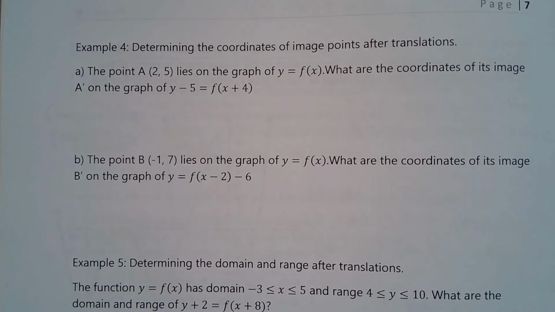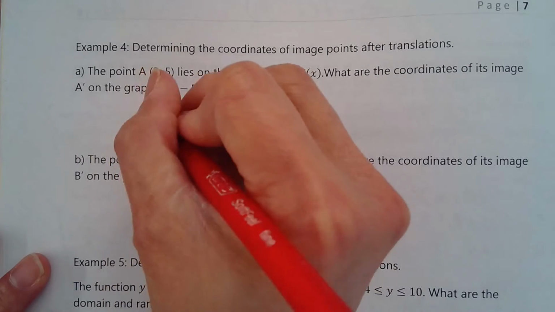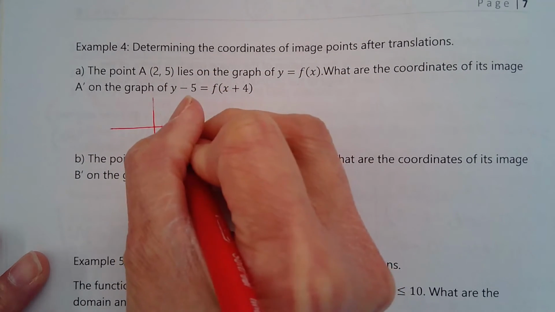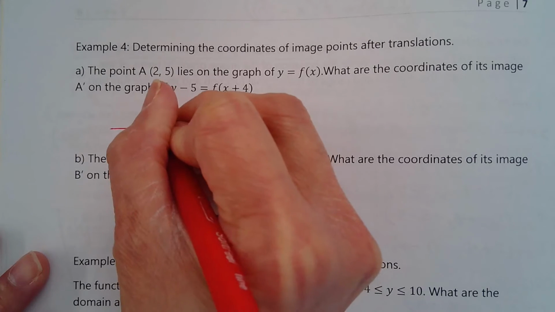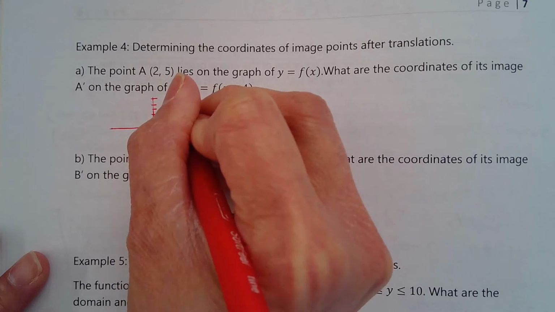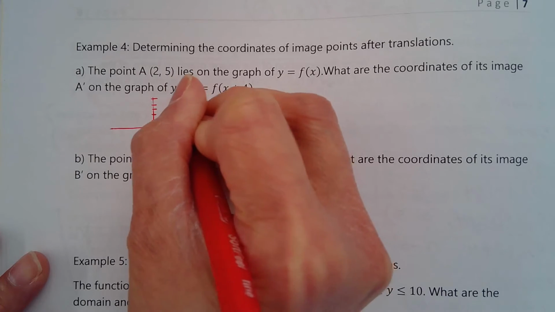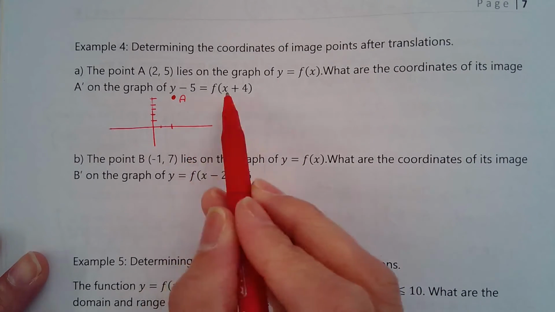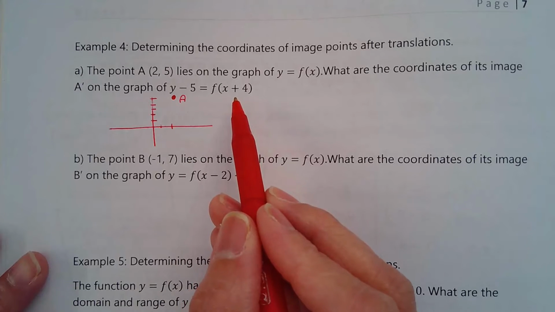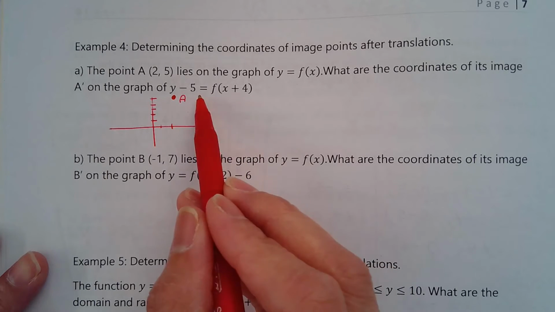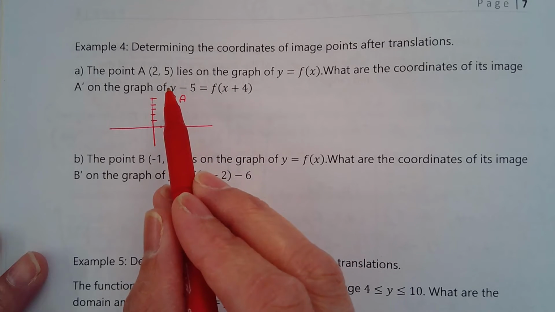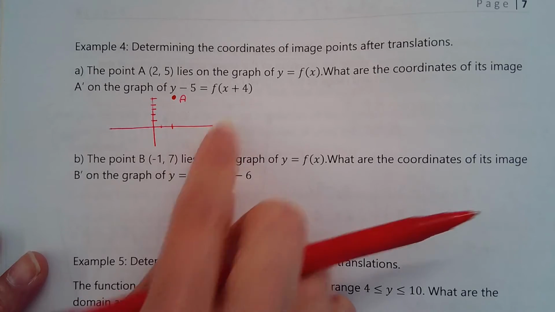So imagine this (2, 5) point. 1, 2, 1, 2, 3, 4, 5. So that's the point A. And then it got translated, and we're trying to figure out where is the point A now after this translation.